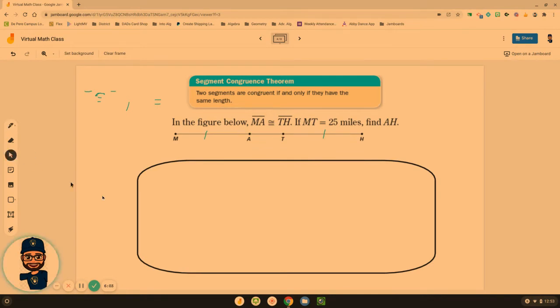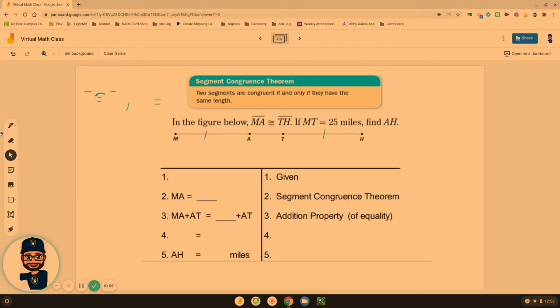If we quickly look at what a proof of this might look like, just to get used to setting up these proofs, we always start with the given. The segment MA is congruent to the segment TH, comma, MT without the segment bar, so now we're talking about the distance, MT is 25.